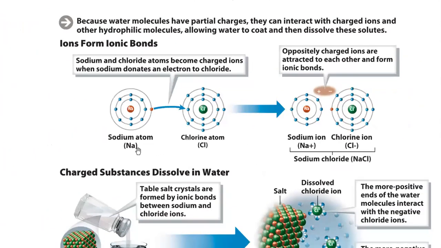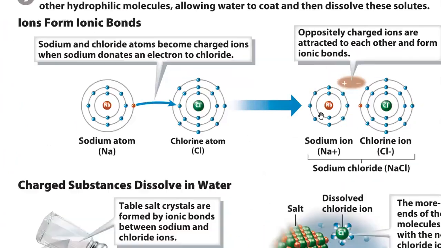Let's talk about things called ionic. Now, ionic means charged. It's going to be an atom that is charged. So here we have sodium, and it is positively charged because there are more protons than electrons. Protons are positive, electrons are negative. Even if you have just one more proton than total electrons, it will be positive.